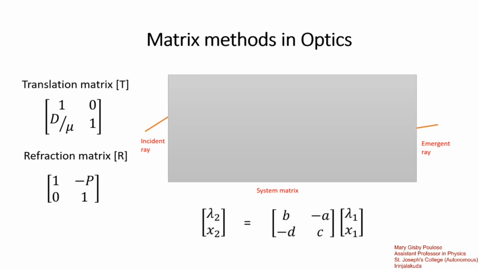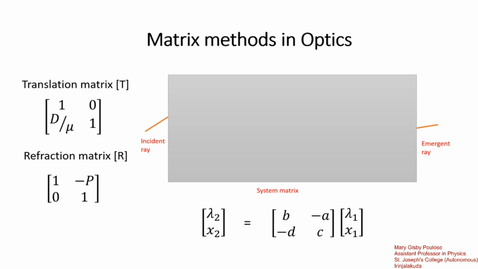So I can represent it in the form of a matrix equation as shown here. If the ray coordinates of the incident ray are the column vector (lambda1, x1) and the ray coordinates of the emergent ray are the column vector (lambda2, x2), I can write that the emergent ray (lambda2, x2) is equal to the operation of the system matrix upon (lambda1, x1), and the system matrix shown here is [B, -A; D, C].